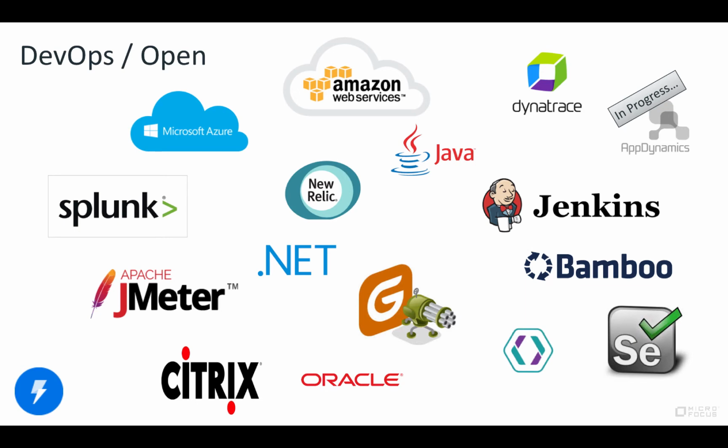As you can see on this slide, we have many integrations, and I encourage you to sign up for the trial and start using StormRunner Load. We have opened almost all features in the trial, so you can start working and using StormRunner Load. As you can see, we support Bamboo, Jenkins from the DevOps side, New Relic and Dynatrace for monitoring and other additional measurements.